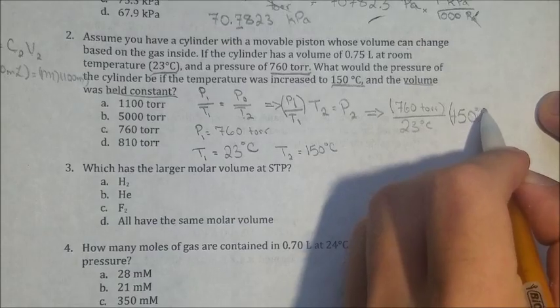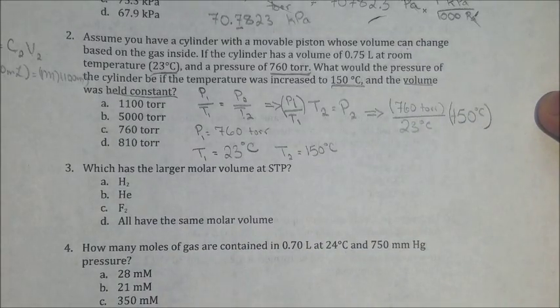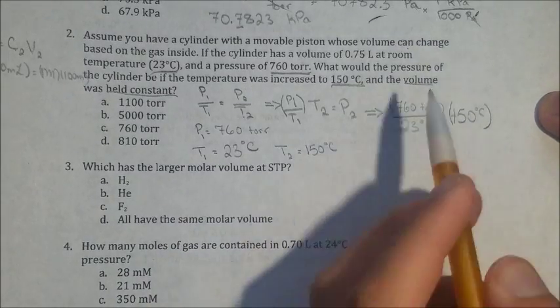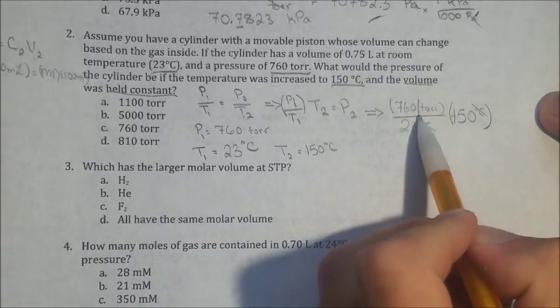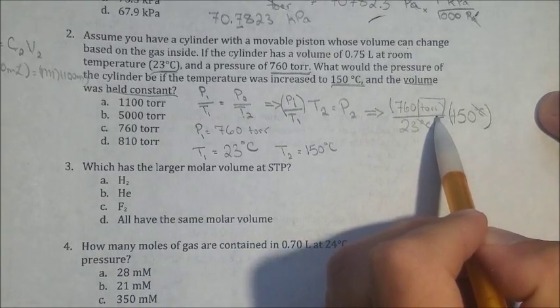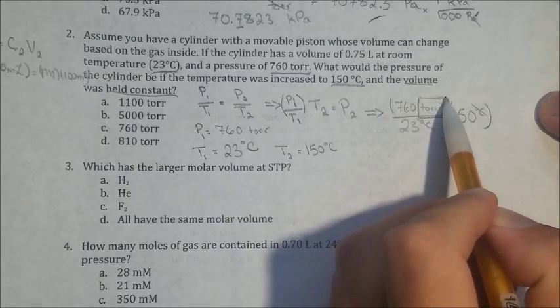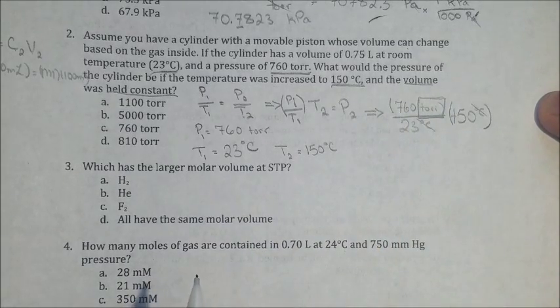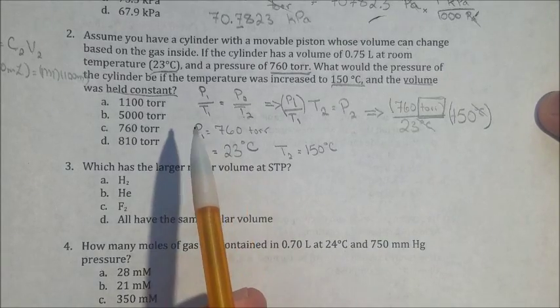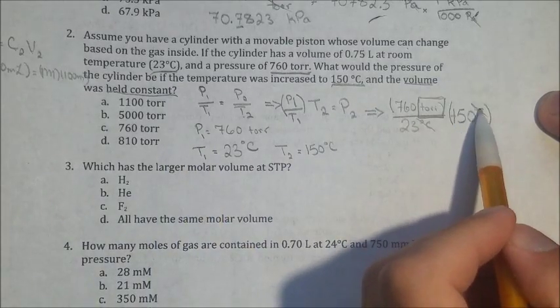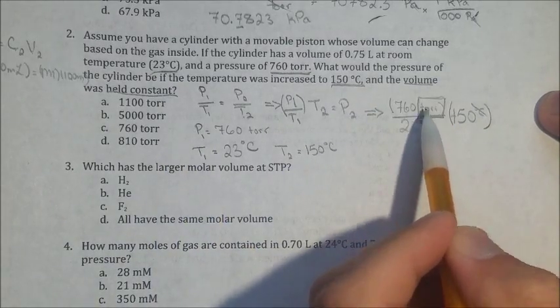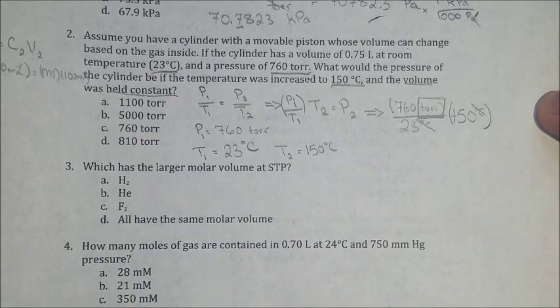And now you can see the value of canceling out your units, because degrees Celsius cancel, and the units we're left with are torr. Right? So that's why it's important to make sure that your units on both sides of the equation are the same. But it doesn't matter what those units are, because the temperature units will cancel, and you'll be left in whatever units of pressure you had.